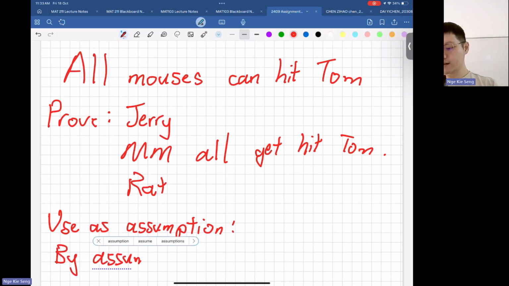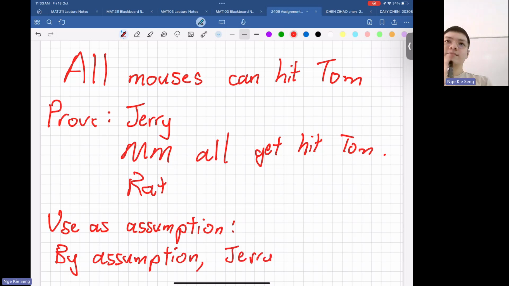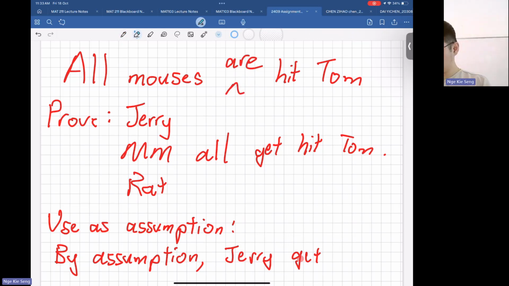Can I write so Jerry gets hit by Tom? Sorry, I wrote the wrong thing here. So all mouses are hit by Tom, so Jerry is hit by Tom.